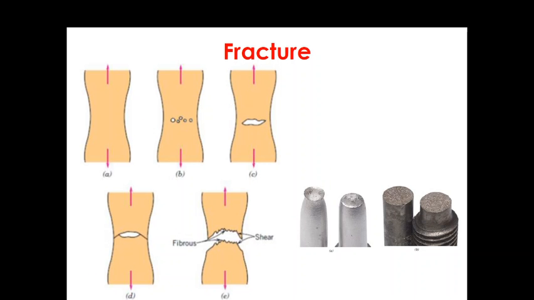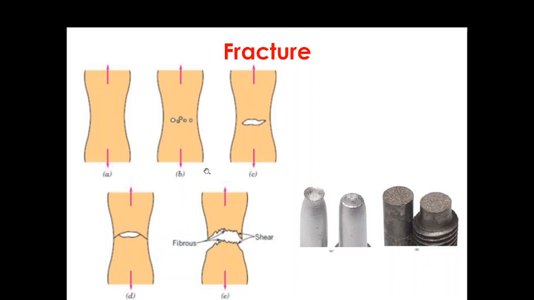So, fracture. The most common type of tensile fracture profile for ductile metals is that represented here in these 5 figures, where fracture is preceded by only a moderate amount of necking. The fracture process normally occurs in several stages.